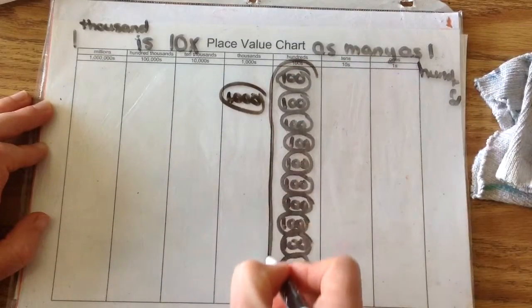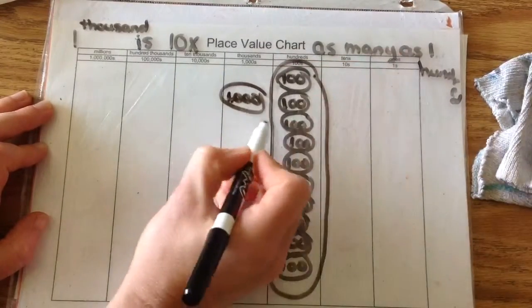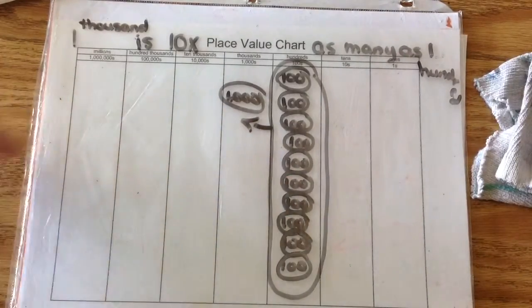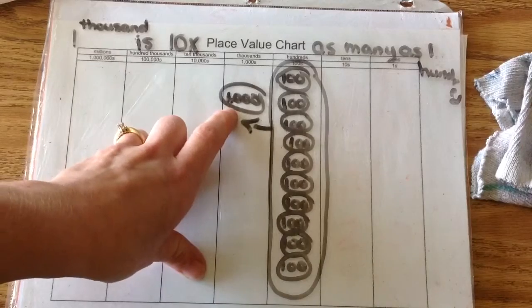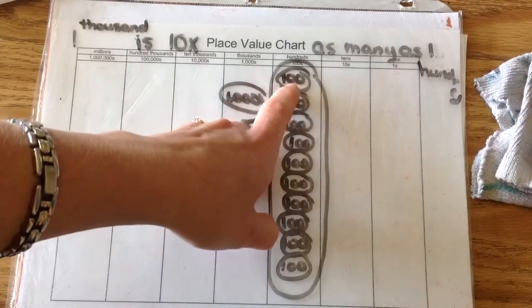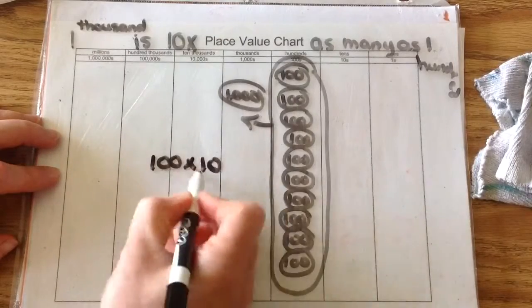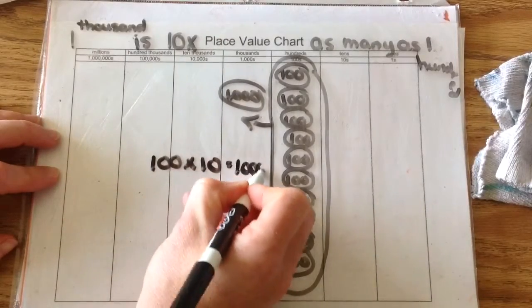So 10 hundreds is the same as 1,000. So 1,000 is 10 times 100. I have 10 hundreds equals 1,000.